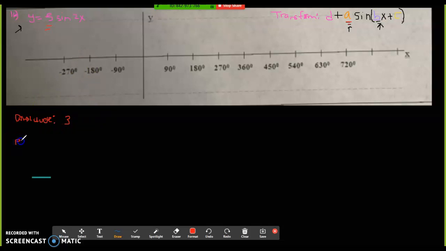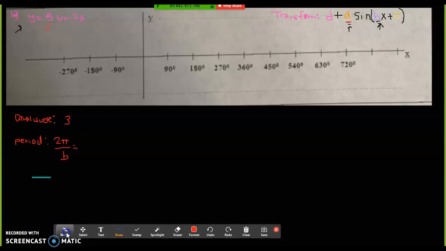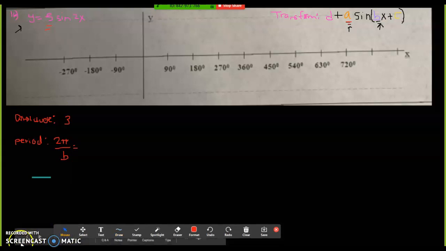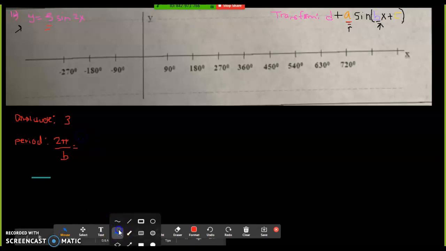And let's talk about our period. Our period is going to happen when we take 2 pi and we divide it by whatever the b value is. Well, 2 pi is the normal period, so we're going to take 2 pi, and let's look at what our b value is.